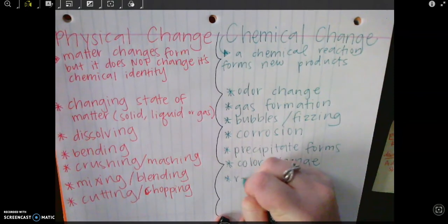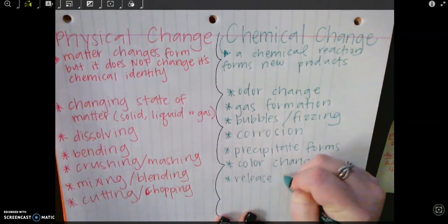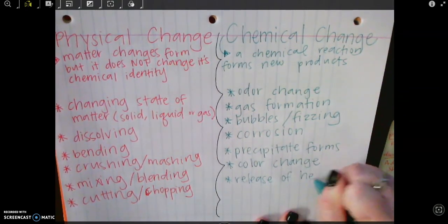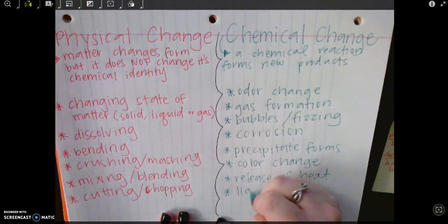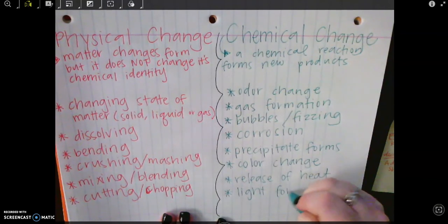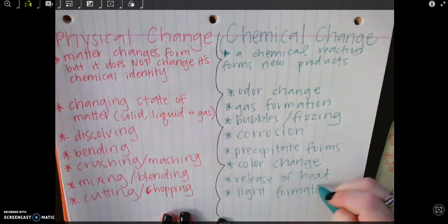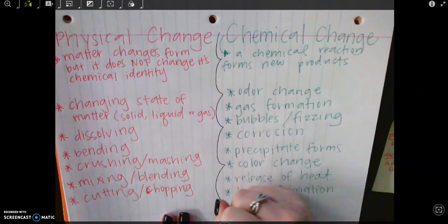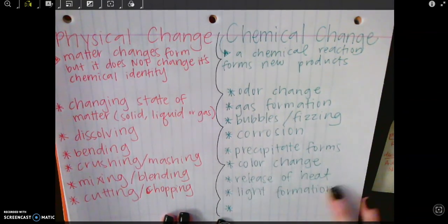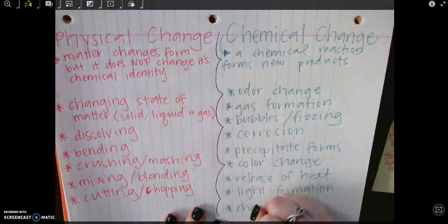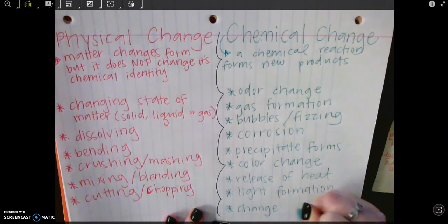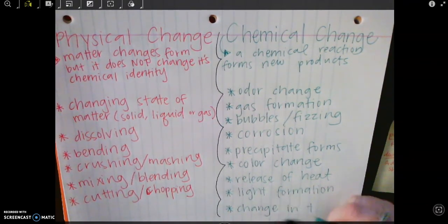Release of heat, so warming up. Creating light or light formation. And lastly, a change in temperature. So we already wrote releasing heat and releasing light, but it can also change in temperature to become colder or hotter. So I want us to write both, change in temperature.